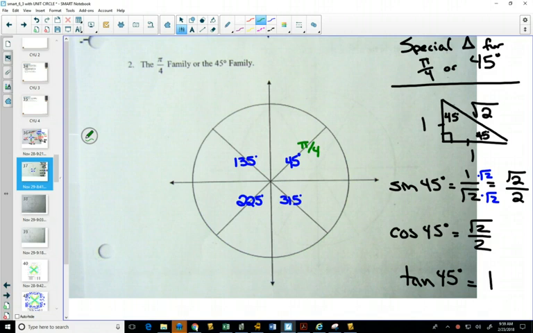So in radians, you're going to have to do pi minus pi over 4. And how do I subtract fractions? I need a common denominator. Pi is 4 pi over 4. Subtract your pi over 4. We're going to get 3 pi over 4.